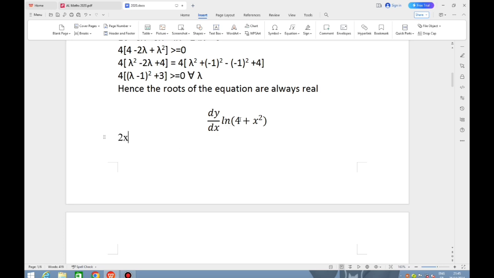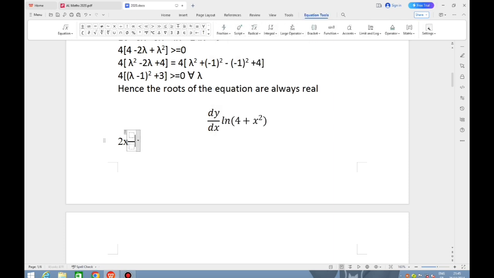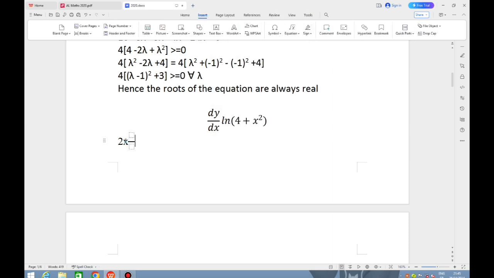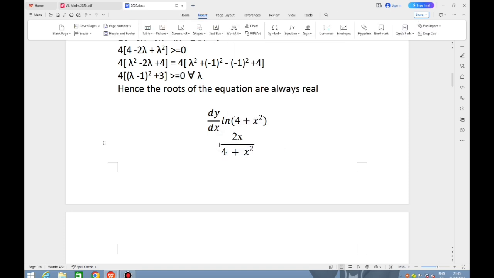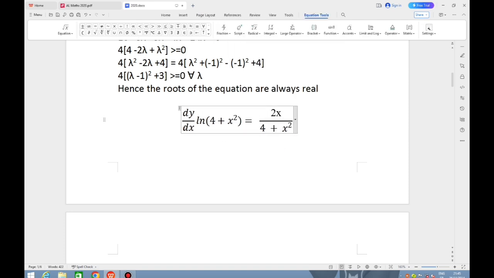So that's 2x all over 4 plus x squared. So that's going to be 2x on 4 plus x squared, and that's the differentiation of y.